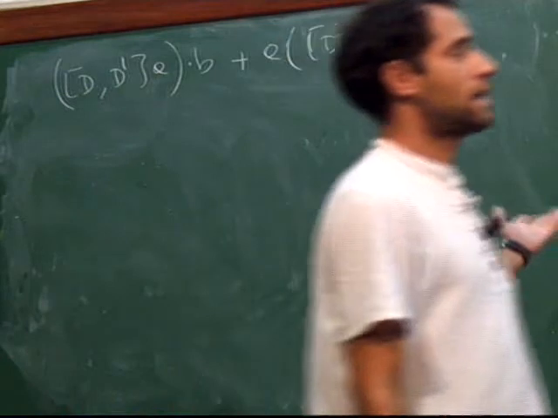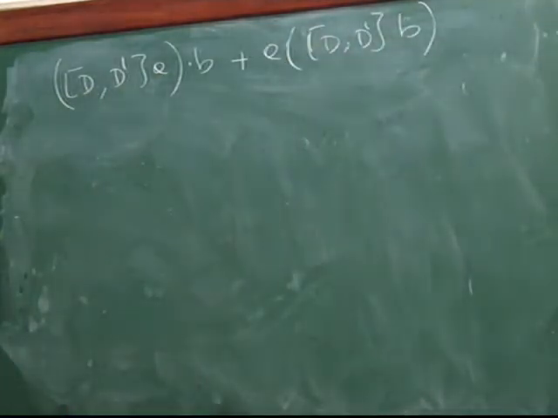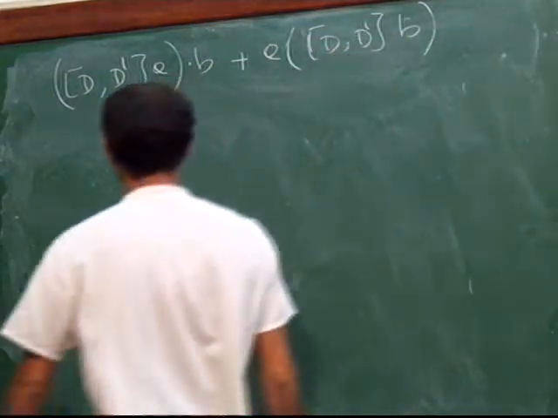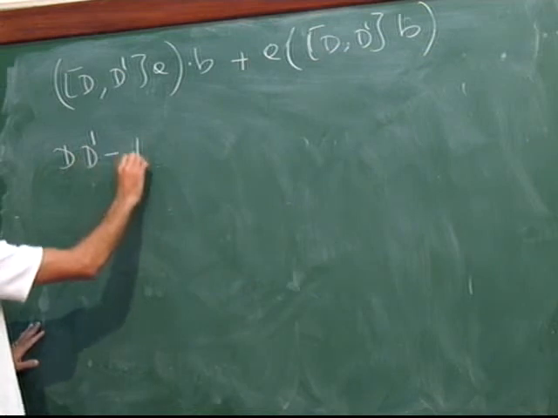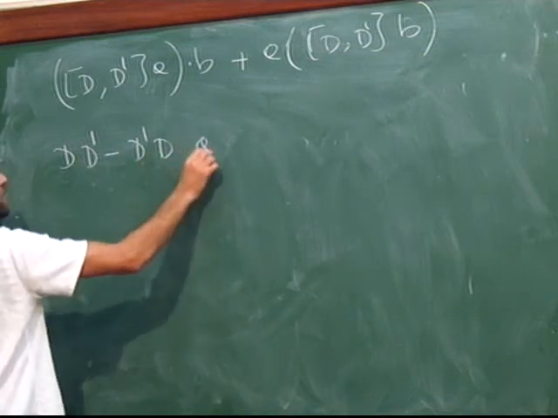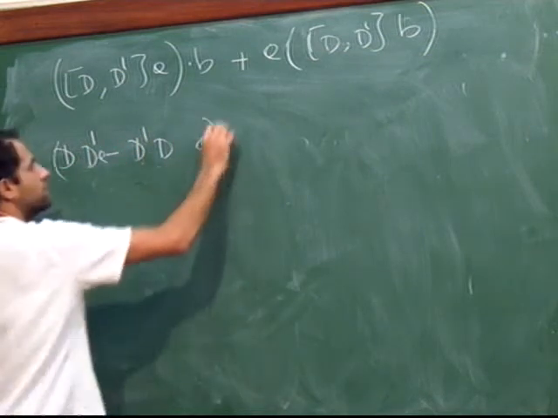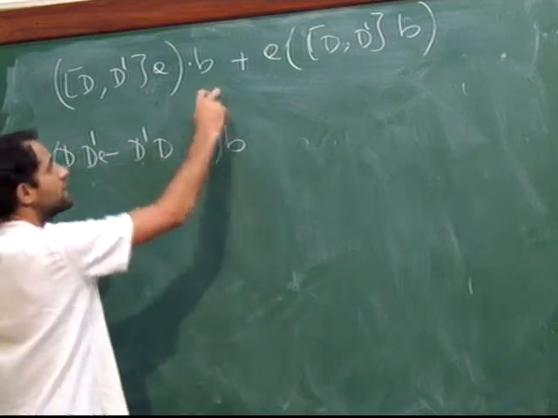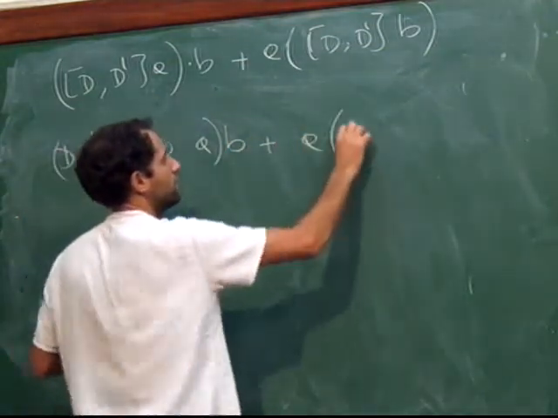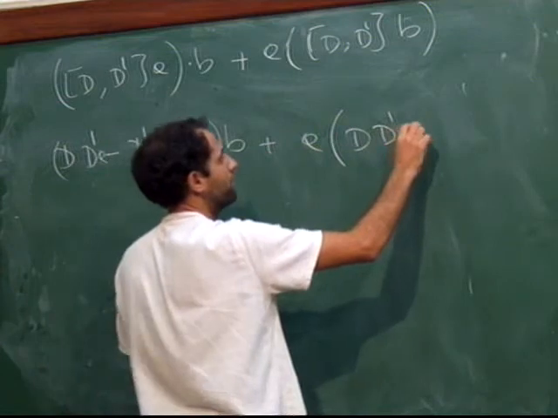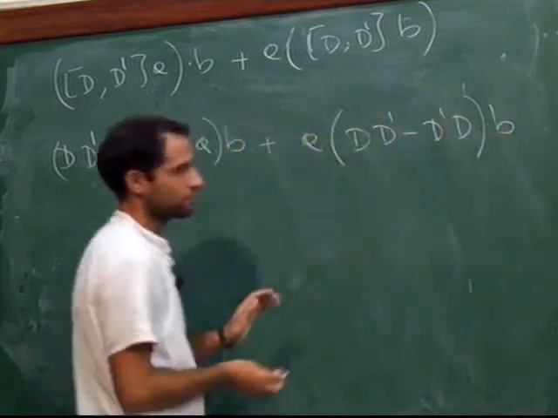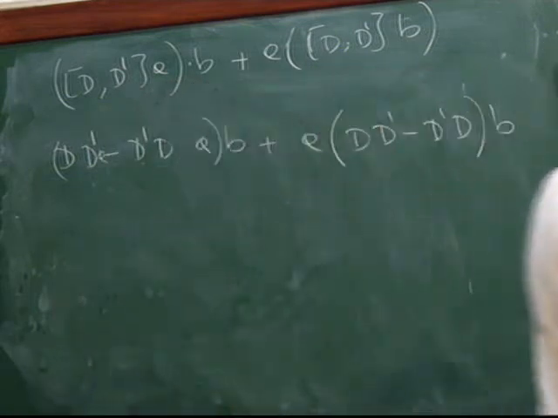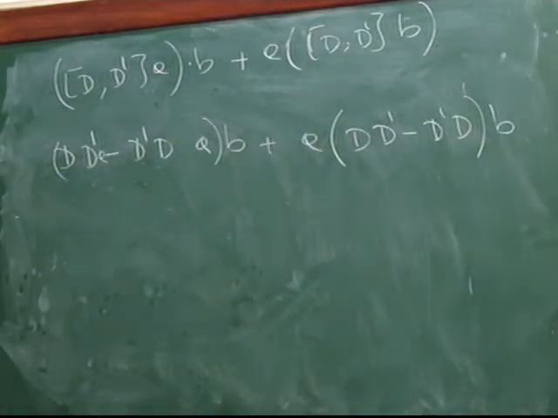If that's true, then that'll be the fact that the bracket of derivations is a derivation. Well, let's expand this side now. So this is D D prime minus D prime D on A times B. So that's this guy. Plus A times D D prime minus D prime D on B. So I want to check that this is equal to this.